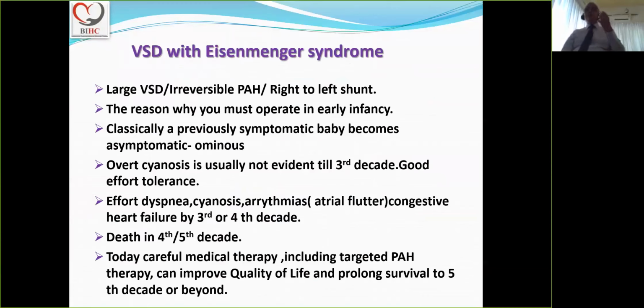Today, careful medical therapy, including targeted pulmonary arterial hypertension therapy, can improve quality of life and prolong survival to the fifth decade or beyond in a VSD with Eisenmenger syndrome. So Eisenmenger VSD is not all that bad. There is a way of managing it, but it is our duty to prevent a large VSD from going into Eisenmenger syndrome. Thank you. I'll be very happy to answer any questions.